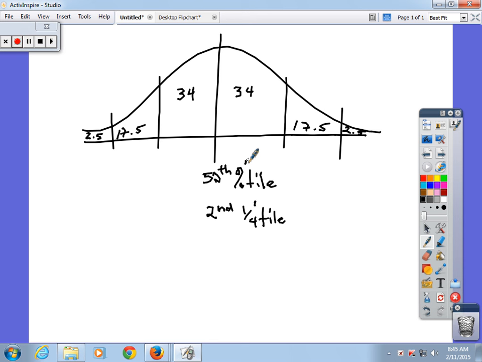Now it's not exactly the 50th percentile, but I'm trying to get you to relate how to read percentiles. I don't want you reading 28th percentile and coming from the right this way, because we don't read from right to left. Alright? So this is the 25th what? Percentile. And the what? First quartile.